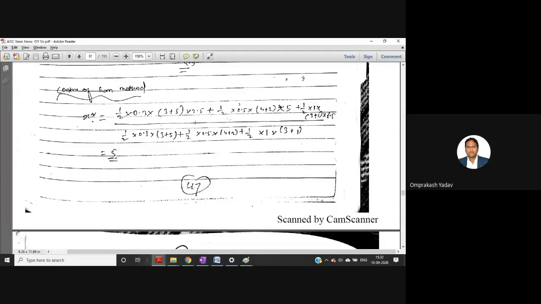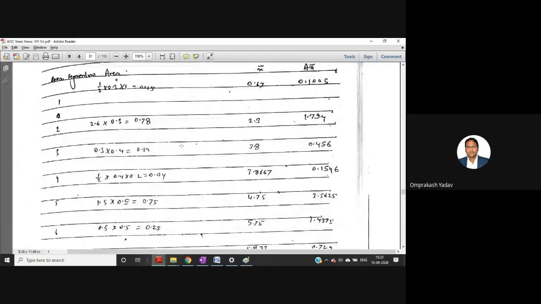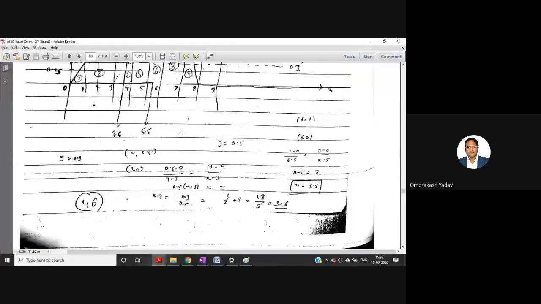Let's see the second figure. The second figure is this parallelogram, and its base is from 3 to 7. So 1 unit, 2, 3, 4, 4 units, and this particular parallel line is 2 units, 1 and 2, right? So 4 plus 2 is 6, multiplied by the height, 0.5, multiplied by 1 by 2.